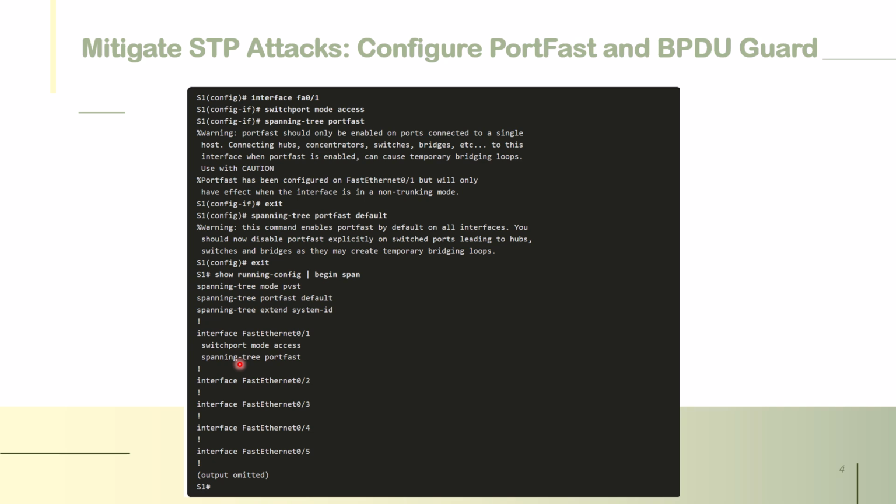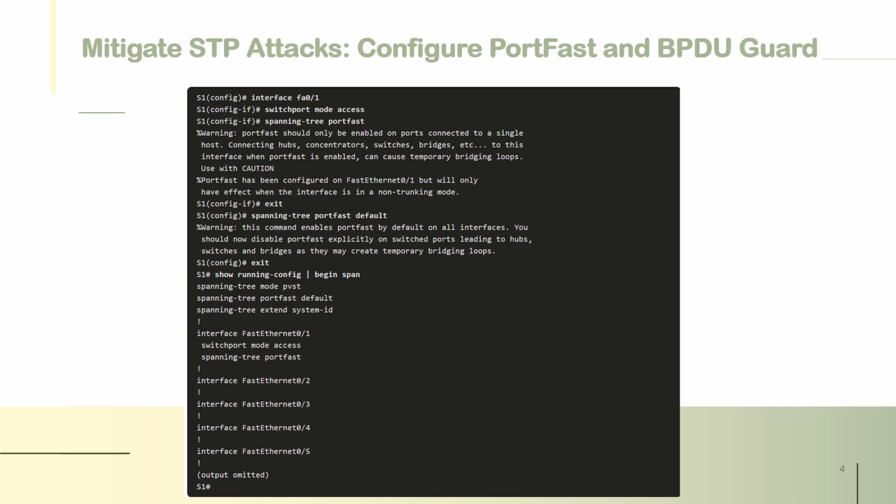But if we use just show spanning-tree interface followed by FastEthernet 0/1, then we will be able to see the configuration for that particular interface.